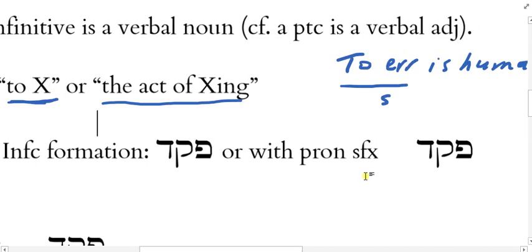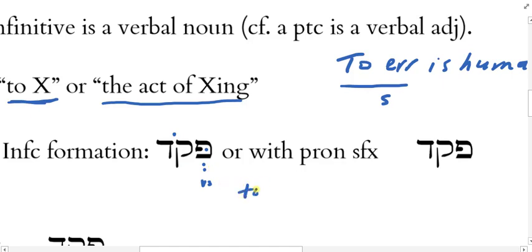The basic Qal infinitive construct formation, with pakad, is to put a vocal shva under root 1 and then a holem with root 2. Vocal shva under root 1, holem with root 2. So it's pakod, pakod.